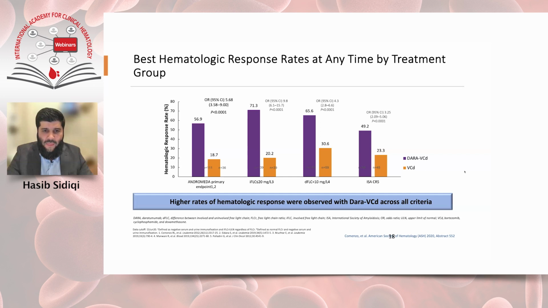And really, outside of just hematologic CR, looking at those other categories of response that have been incorporated now in some clinical trials, looking at an involved free light chain of less than 20 milligrams per liter, or a dFLC of less than 10 milligrams per liter, we find that patients receiving daratumumab had a significantly better response rate than those receiving Cyborg alone.